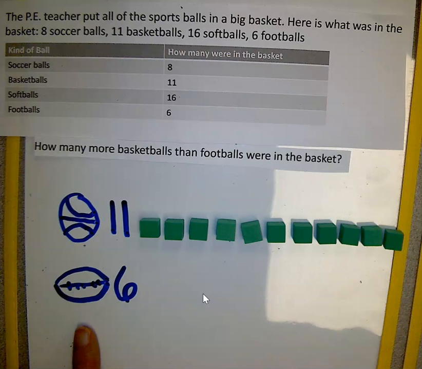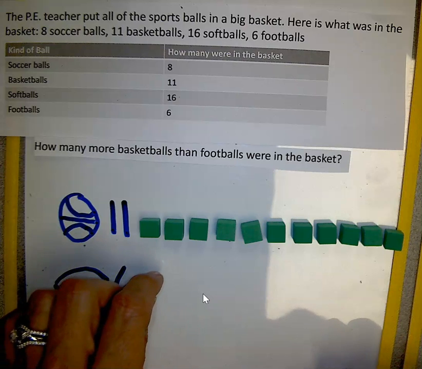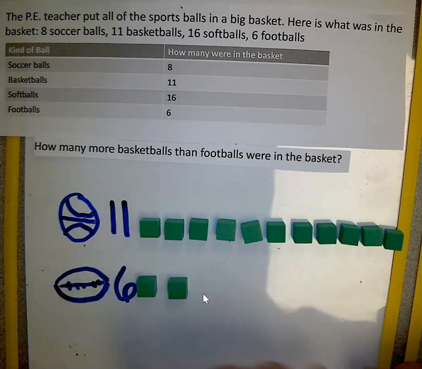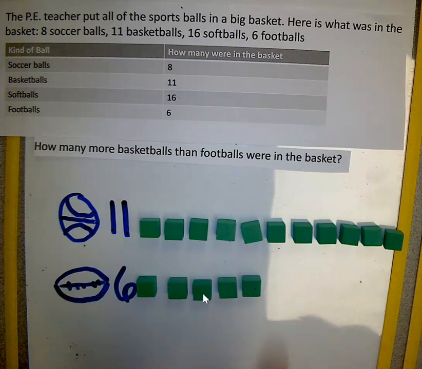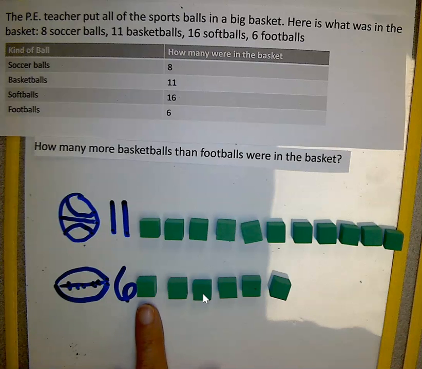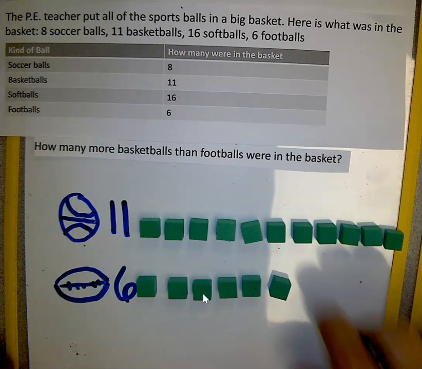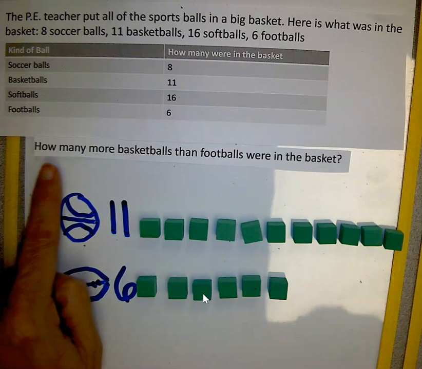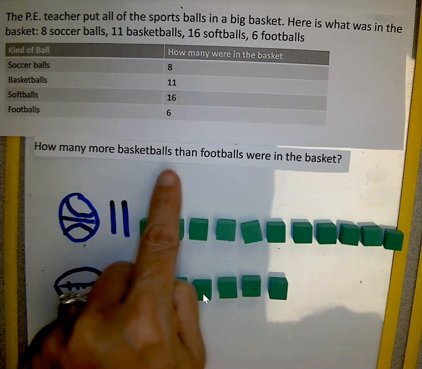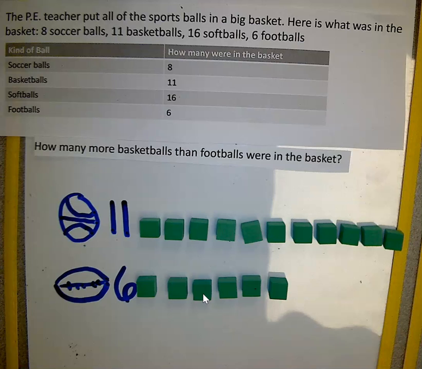And there were 6 footballs in the basket. 1, 2, 3, 4, 5, 6. Great. Now, let's look back and see what the question was asking us. How many more basketballs than footballs were in the basket?